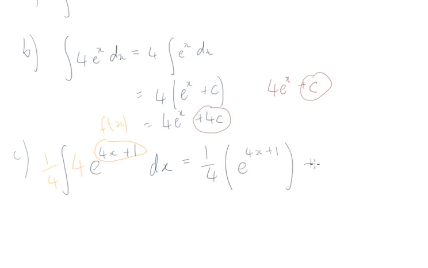I'm going to put it out the back. It's not going to make a big difference. That's my answer. That integral there is 1 on 4 e to the 4x plus 1 plus c, or of course you can write that as e to the 4x plus 1 on 4 plus c. It's not going to make a big difference for you at all.